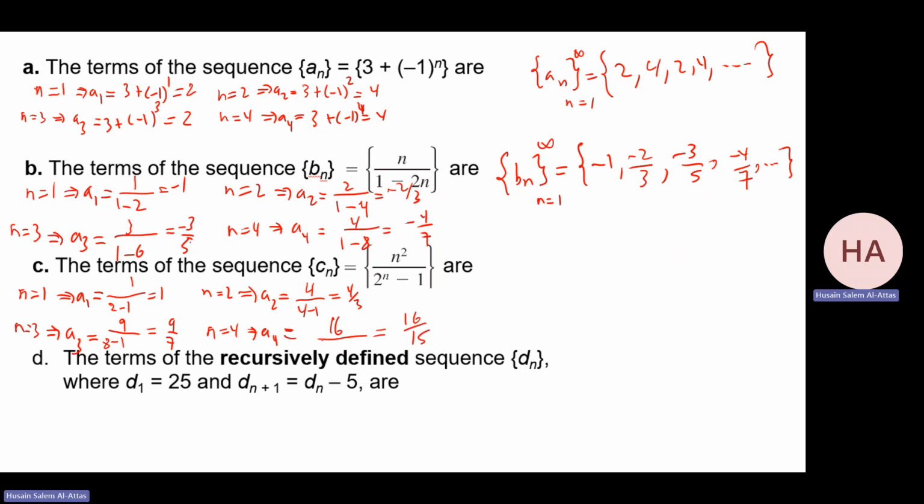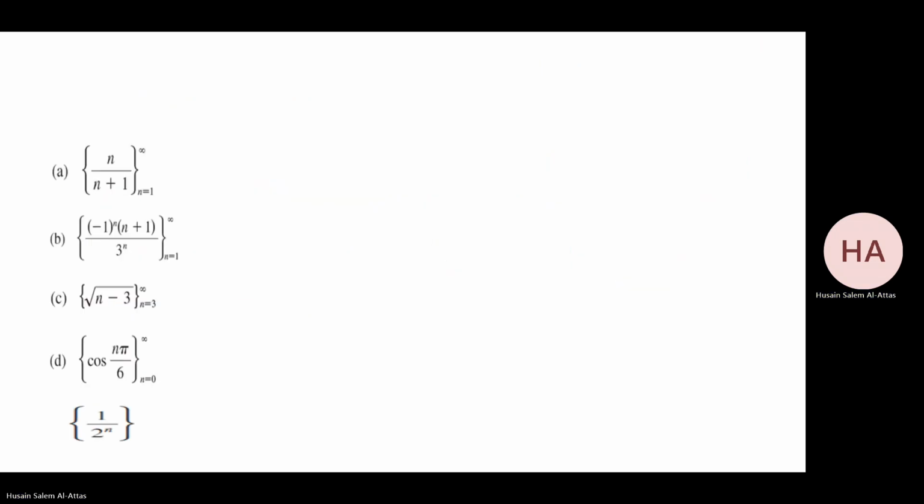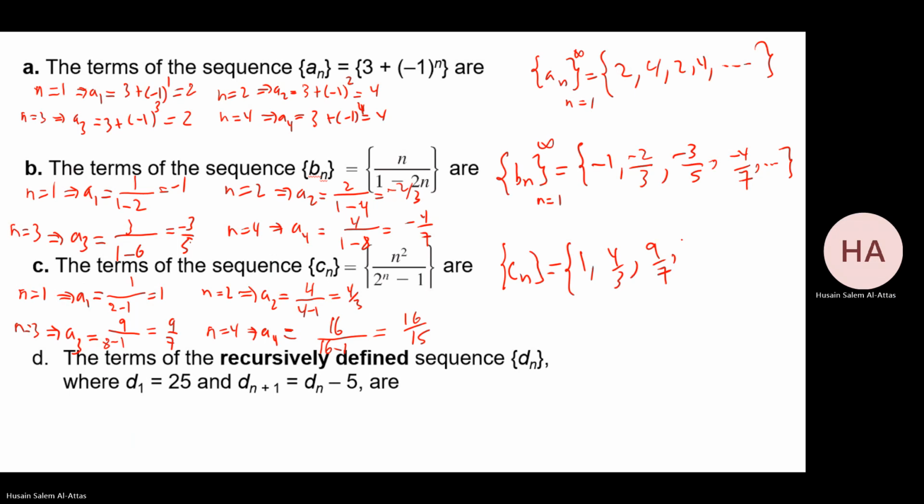Okay, so this sequence will be 1, 4 over 3, 9 over 7, and 16 over 15, and so on.